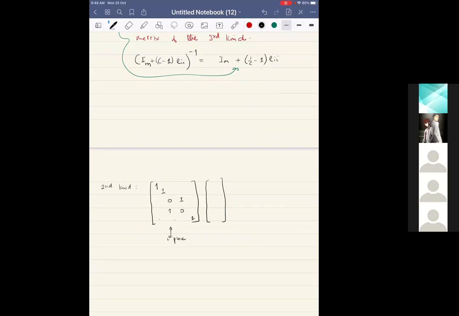So now supposing I take the column vector e_k, which is 1 in the kth place and 0 everywhere. What does this do?